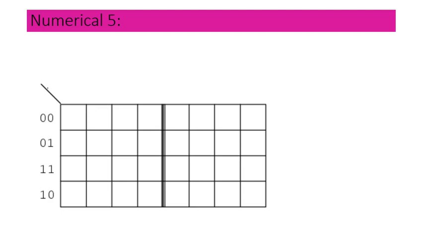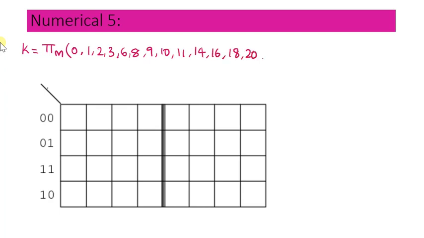So coming to the numerical on the 5 variable Karnaugh map, we have K is equal to pi m 0, 1, 2, 3, 6, 8, 9, 10, 11, 14, 16, 18, 20, 22, 24, 26, 28 and 30. So in this particular case I am going to consider BC and DE.